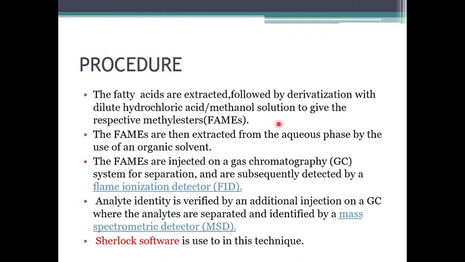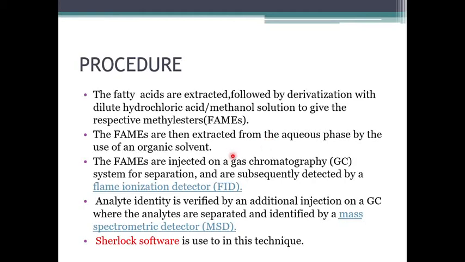It is basically a chemical term which means producing a new compound. So from fatty acids, we are producing methyl esters. Then the FAMEs are extracted from the aqueous phase by use of an organic solvent. Then these FAMEs are injected on the gas chromatography system for separation and are subsequently detected.